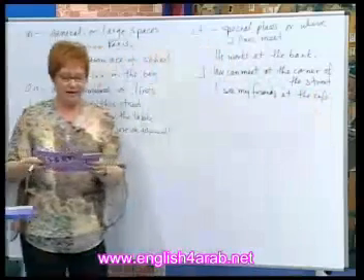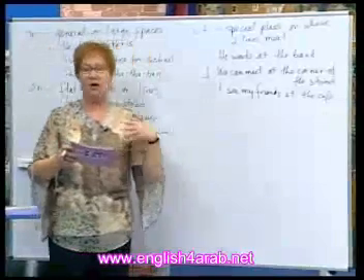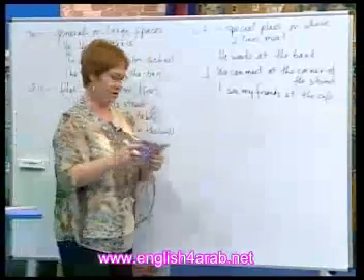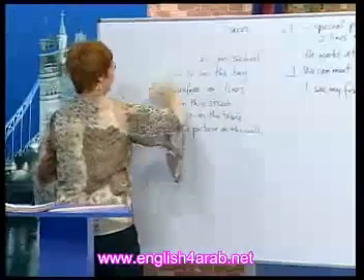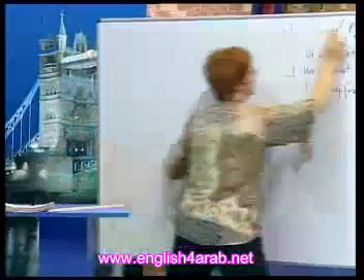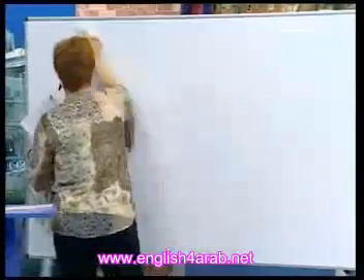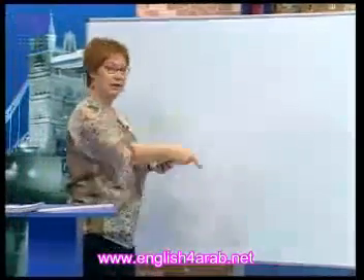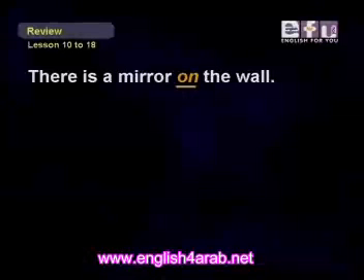Okay? Now, we can talk about these prepositions when we talk about where objects are. So let me make some room here, and we'll do a little bit more with prepositions. Now, remember that the preposition comes before the place. So here's some sentences. There is a mirror on the wall.